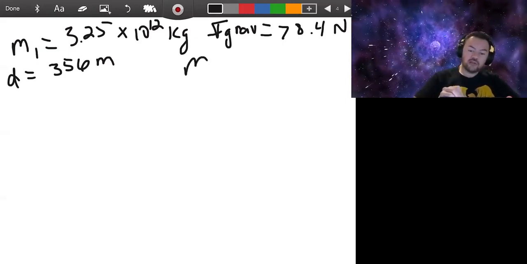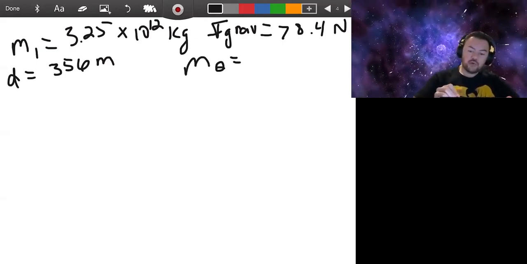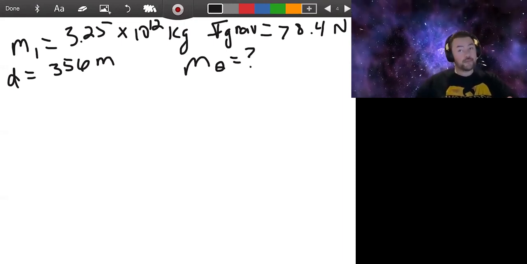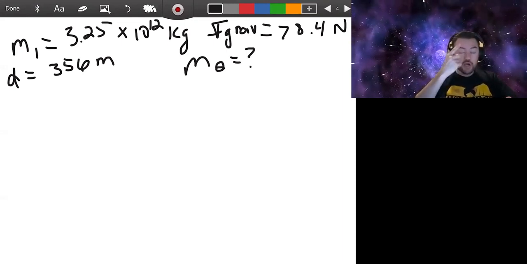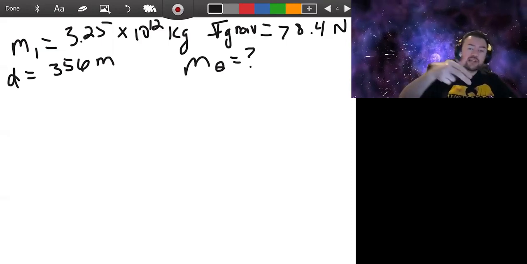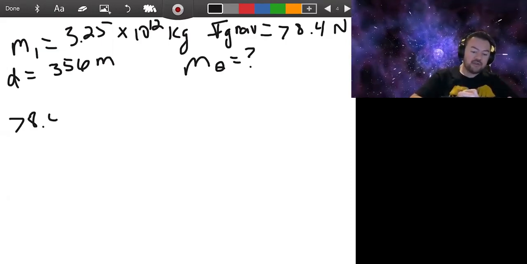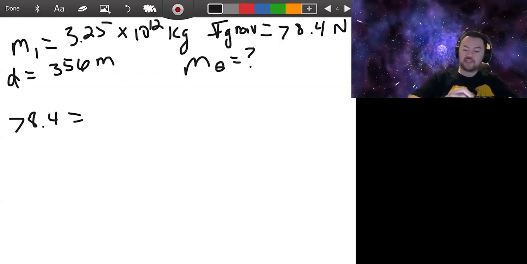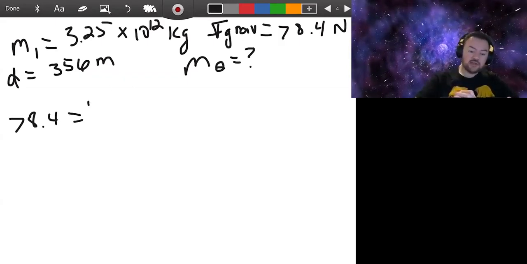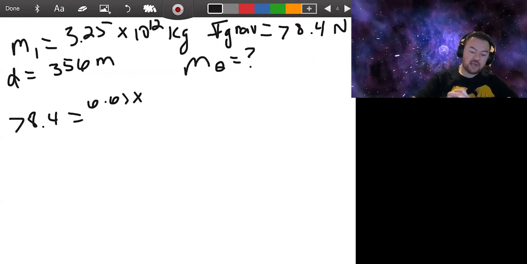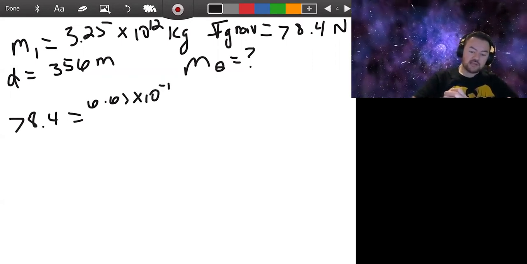So we are looking for M2. Do not know. All right, well, what we always should do is start plugging numbers into the equation. And I now know gravity, which is 78.4. That's going to be equal to, we always know our constant, 6.67 times 10 to the minus 11.